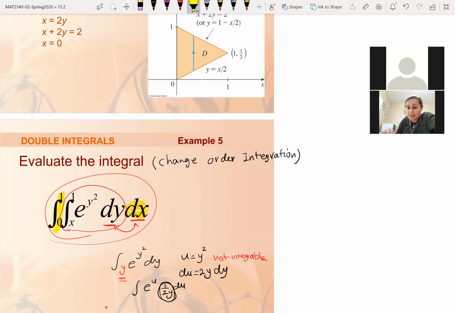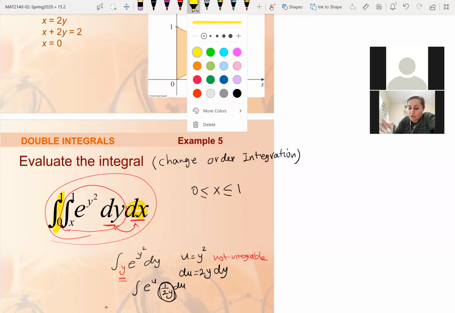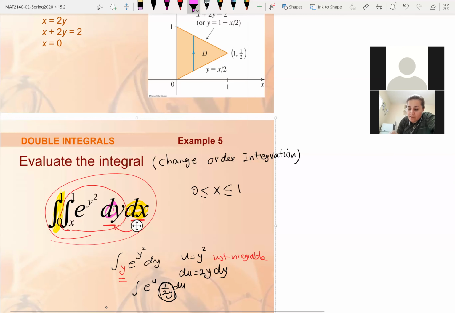That tells you your x's must be between 0 and 1, and that tells you the y has to be between x and 1. So this is my region of integration.